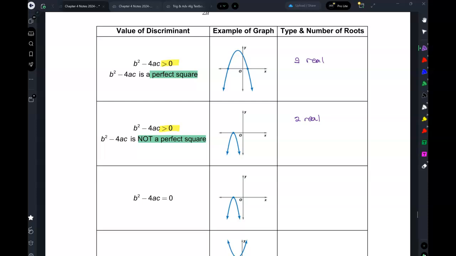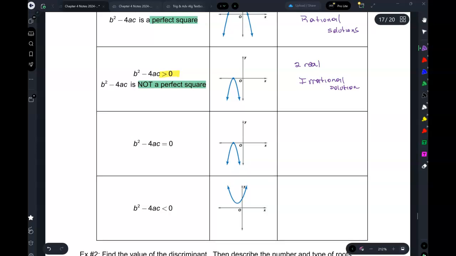But when it's a perfect square, you get two real rational solutions. When it's not a perfect square, you get two real irrational solutions. So on the test and quiz, when I ask you to describe the types of solutions, I don't want anybody to raise their hands and ask what I mean. This is when I'm telling you what I mean. So you say two real rational solutions.